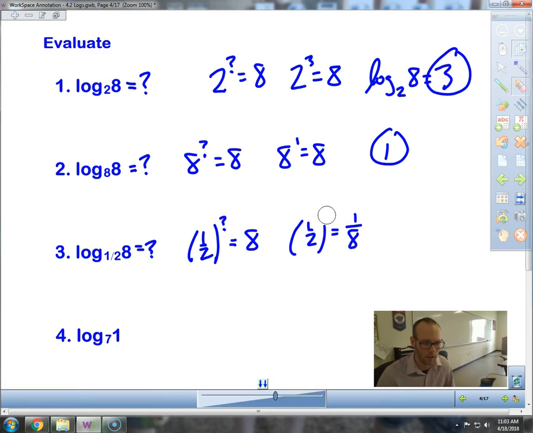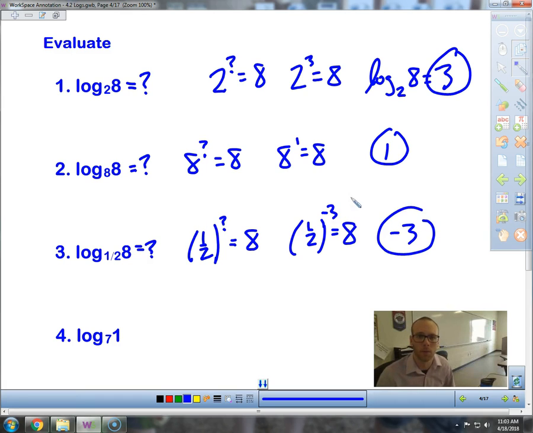A negative. 1/2 to the negative third, negative flips the fraction, is going to give us 8. This logarithm is equal to negative 3. Log base 7 of 1. 7 to the what power equals 1? 7 to the 0 equals 1. There it is.